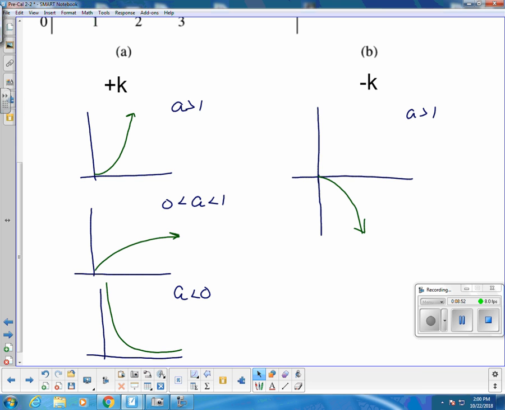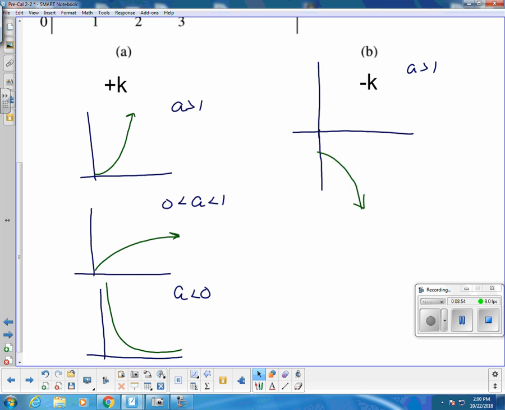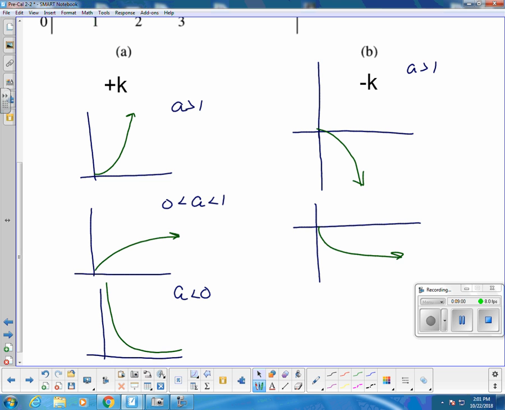This guy with a negative k would look like this. Or if I have a negative k and a negative exponent, it looks like that. So your goal is to be able to graph either the first quadrant or the fourth quadrant. And then we're going to worry about the other side when we look at another piece of the equation.